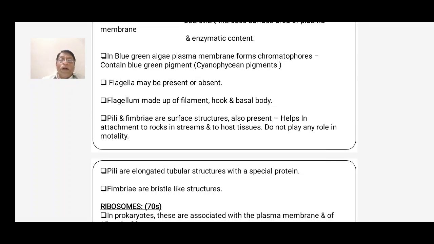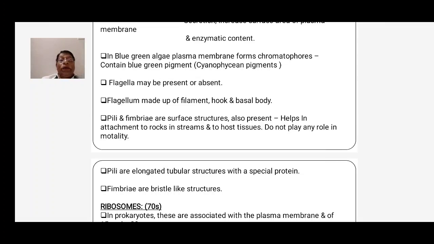The fimbriae are bristle-like structures. Pili are tubular-like structures, elongated tube-like structures. Okay.